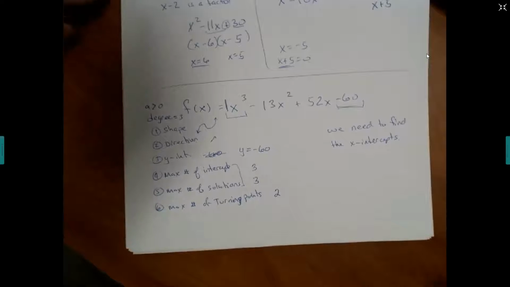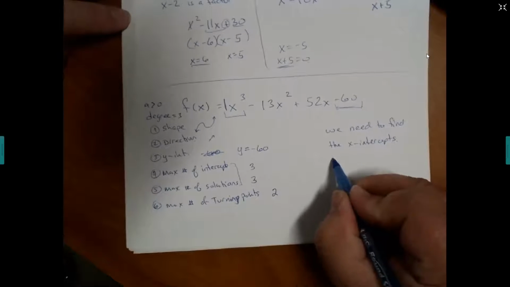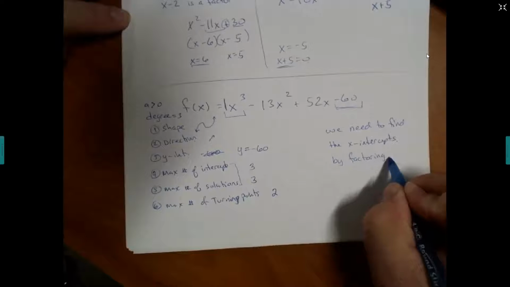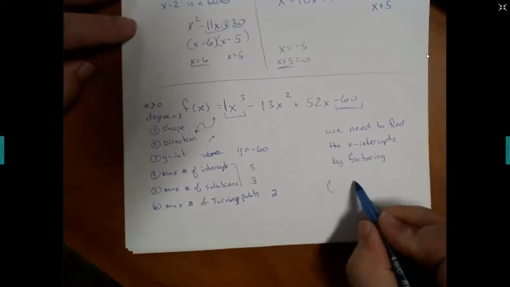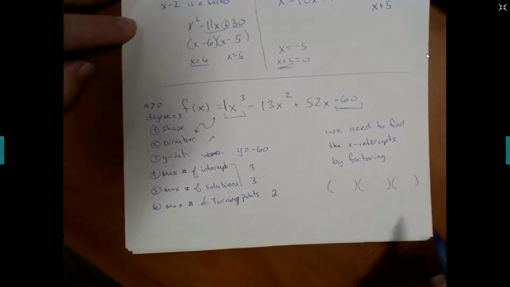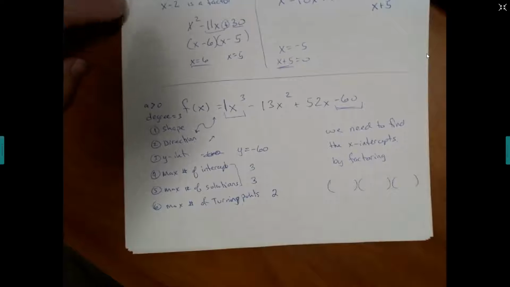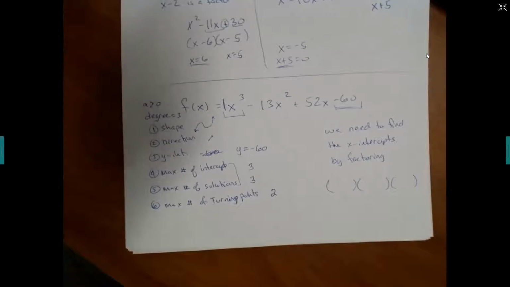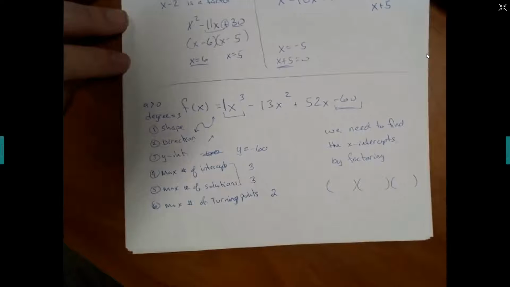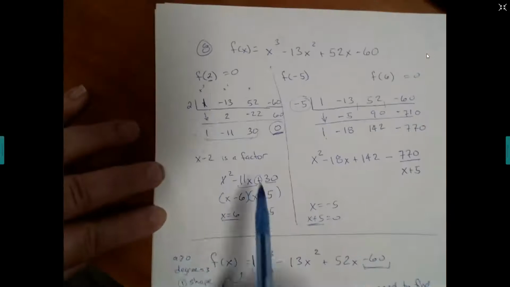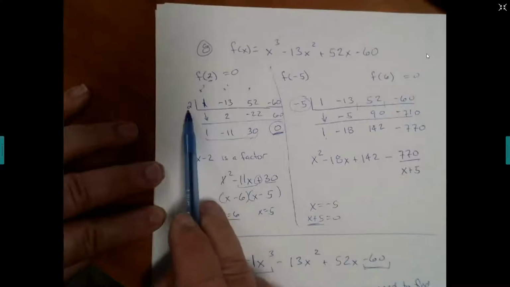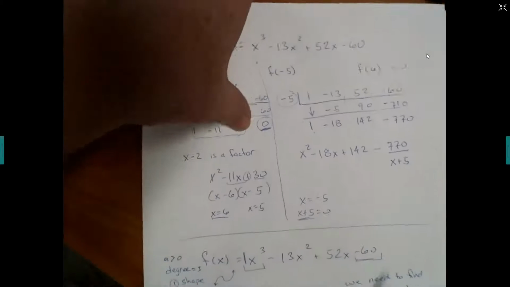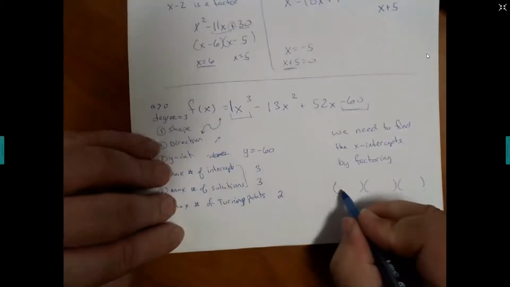Because once we factor it, we'll get a whole bunch of these linear binomial expressions. And to save time for this one, we know x minus 2 is one of them, x minus 5, x minus 6 are the other two.